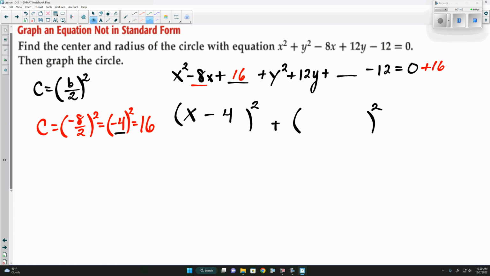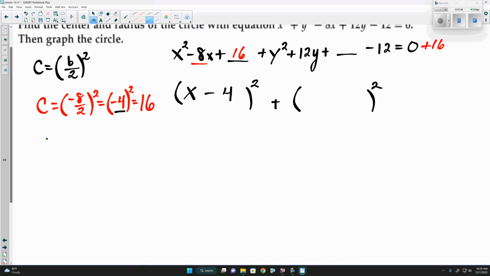We need to do this one more time, because we have to do it for y. (12 over 2) squared. Now 12 divided by 2 is 6, and 6 squared is 36. So we add 36 here.